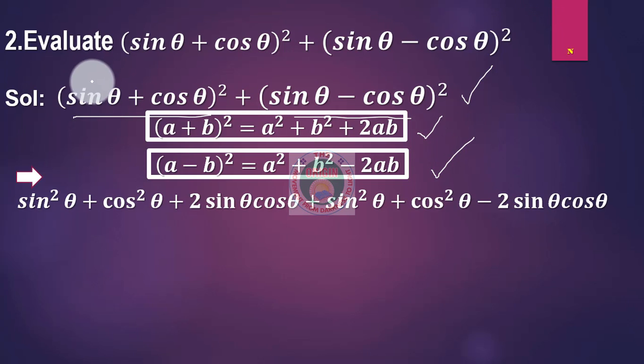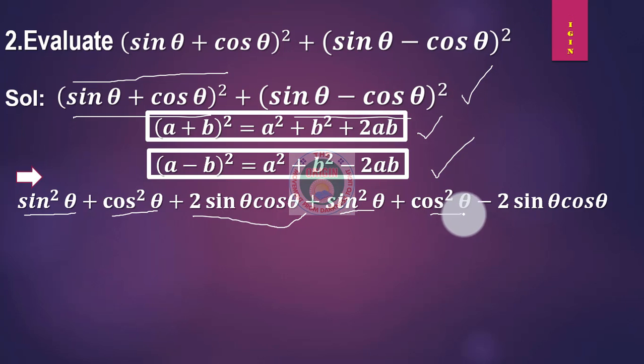Now expand this one. Sin theta plus cos theta whole square is a square plus b square plus 2ab. That's completed. Next one, sin theta minus cos theta whole square is a square plus b square minus 2ab.